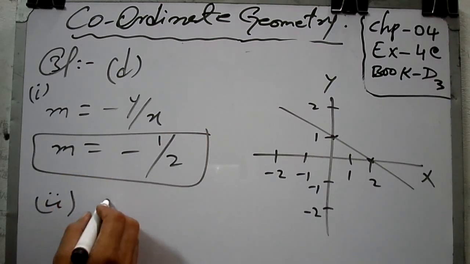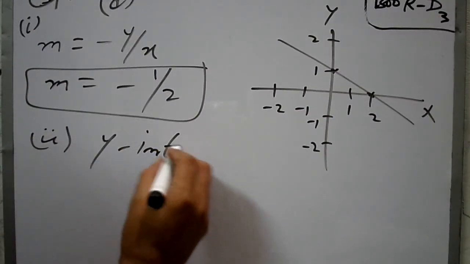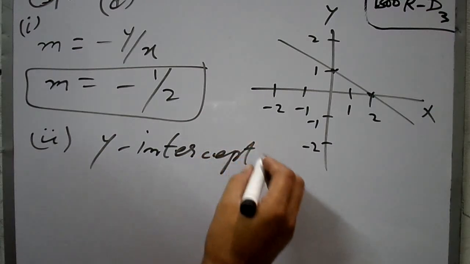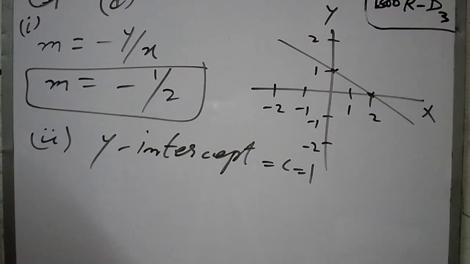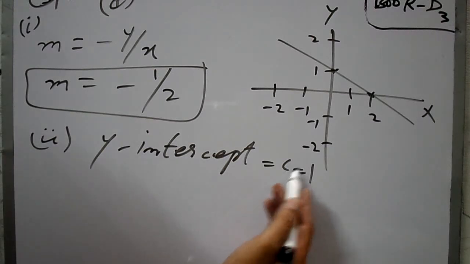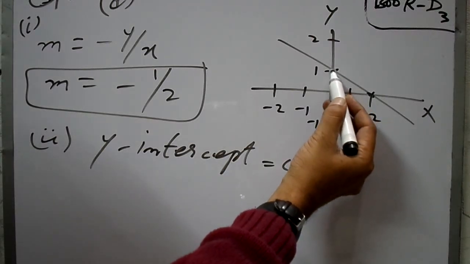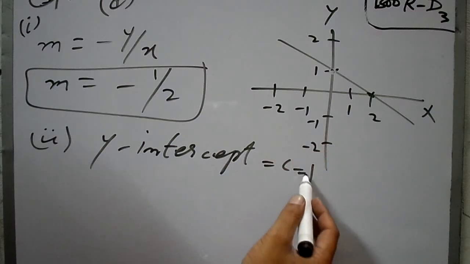Second thing is y-intercept. Y-intercept is c, which is equal to 1, because the y-intercept is 1, so that's why c is equal to 1.